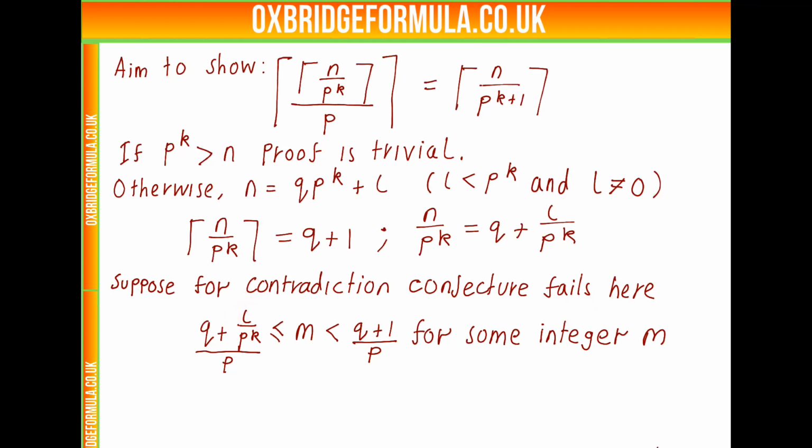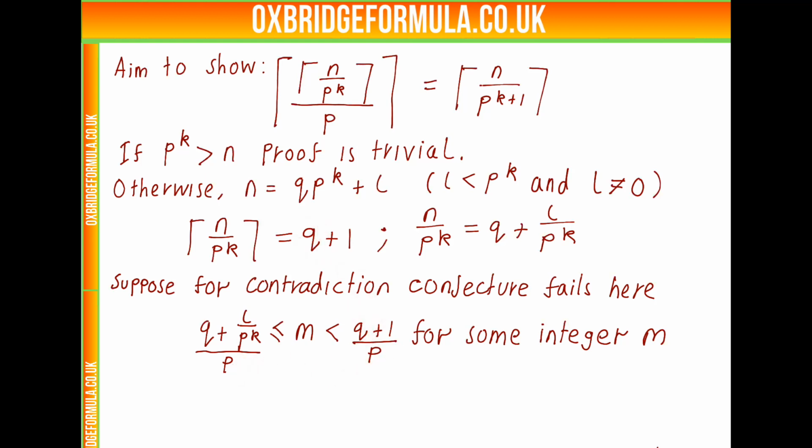Well, q plus l over p to the k, over p, which isn't an integer because l is not 0, has to be less than or equal to some integer m, and that m has to be less than q plus 1 over p. This is the scenario that must happen for the ceilings of the two numbers not to be equal. There has to be literally an integer in between them. So we're looking at this over p less than or equal to m less than q plus 1 over p.